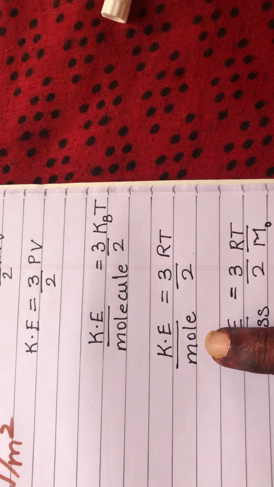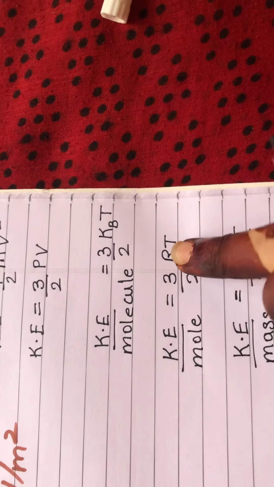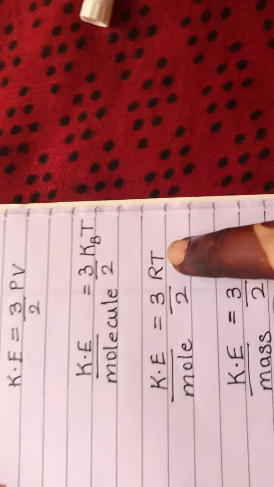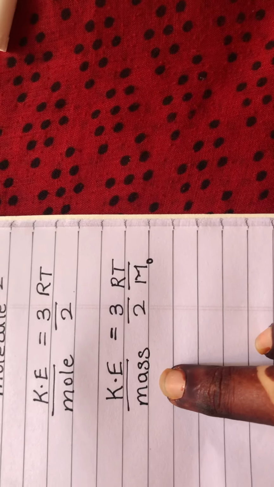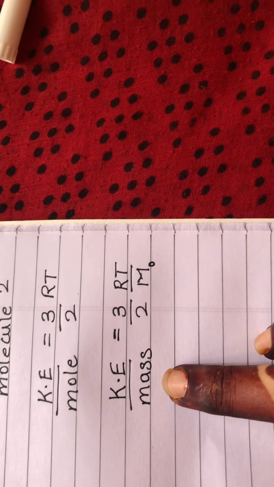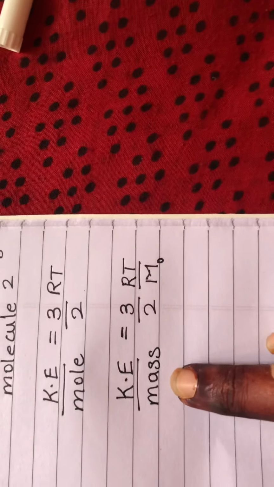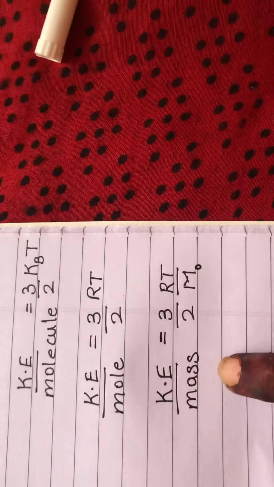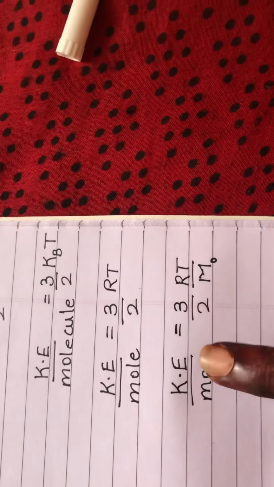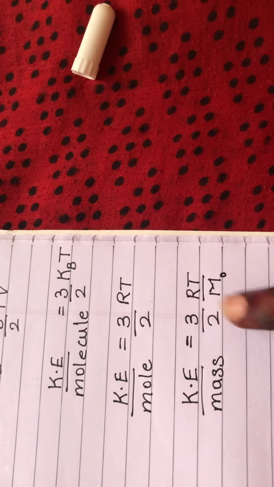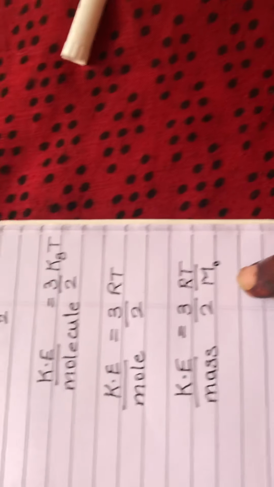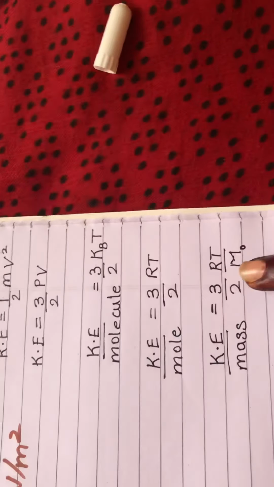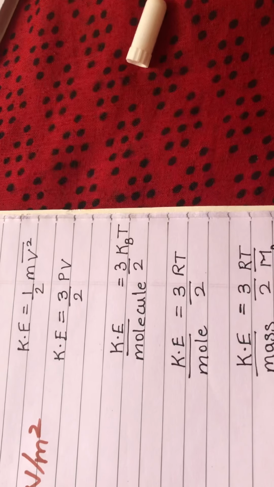Kinetic energy per mole is 3 upon 2 R, that is universal gas constant, into T. If it is kinetic energy per mass, which means some mass is given to you, gram or kilogram, mass of the gas, then this is the formula, 3 upon 2 RT upon M naught, molar mass of the gas. So you'll have to remember these 5 formulas of kinetic energy, which are really very confusing.